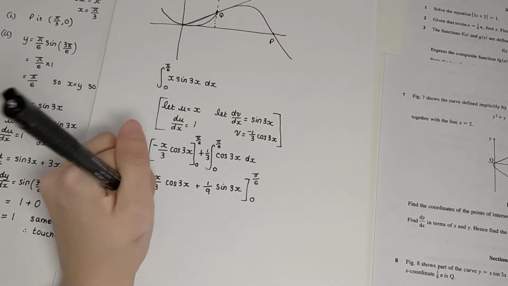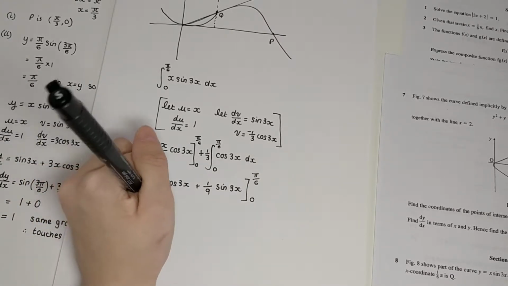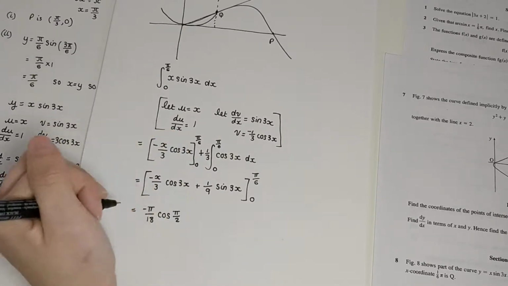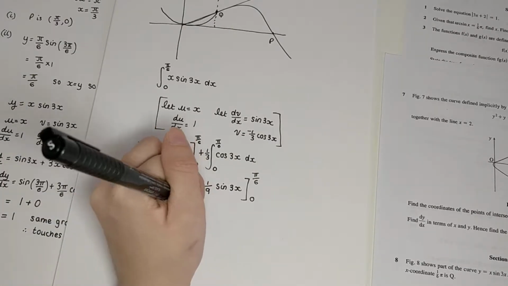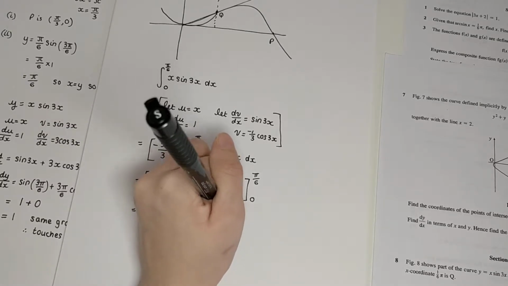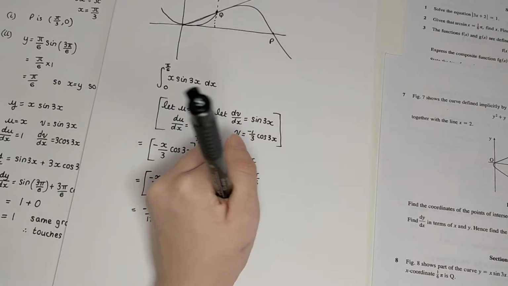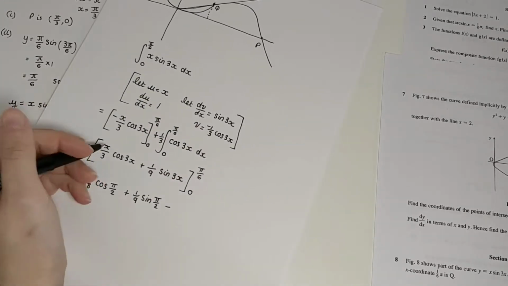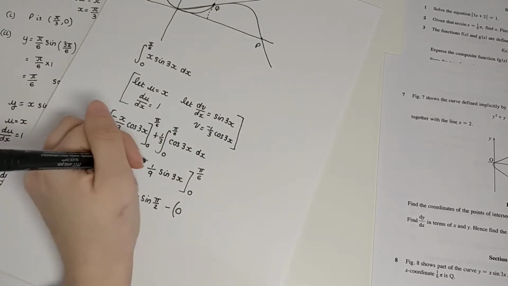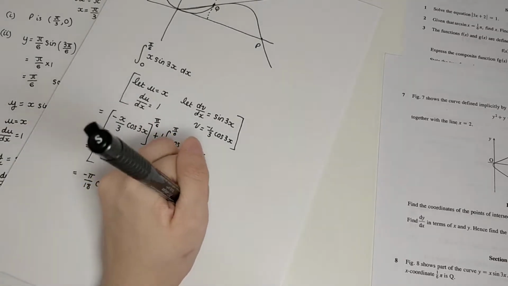So that's minus pi over 18 cos of pi over 2 plus a ninth of sine of pi over 2 minus, that will become 0, and that will also become 0.